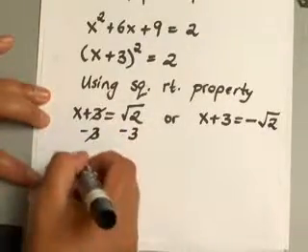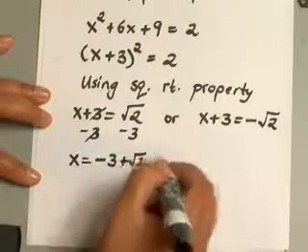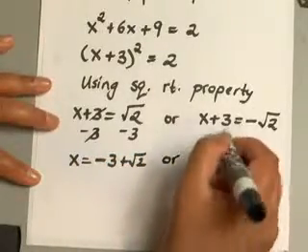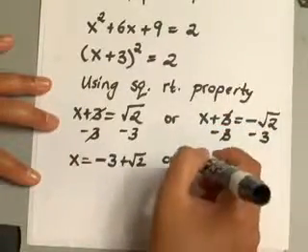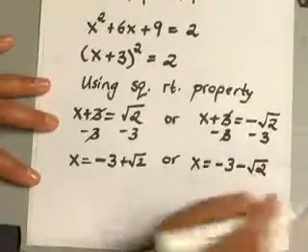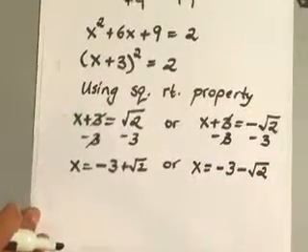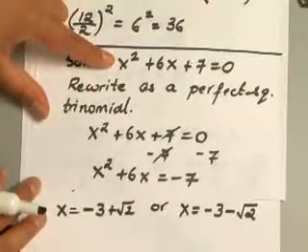You cannot simplify square root of 2 any further, so all you need to do is move the 3 over to the other side, and you end up with x equals negative 3 plus square root of 2, or x equals negative 3 minus square root of 2.